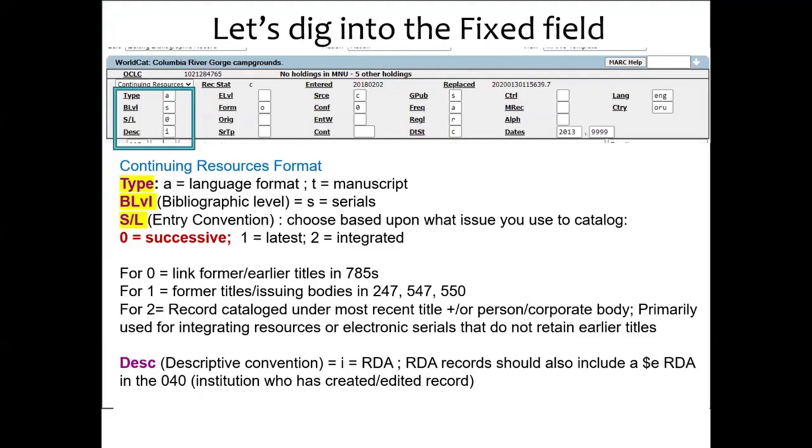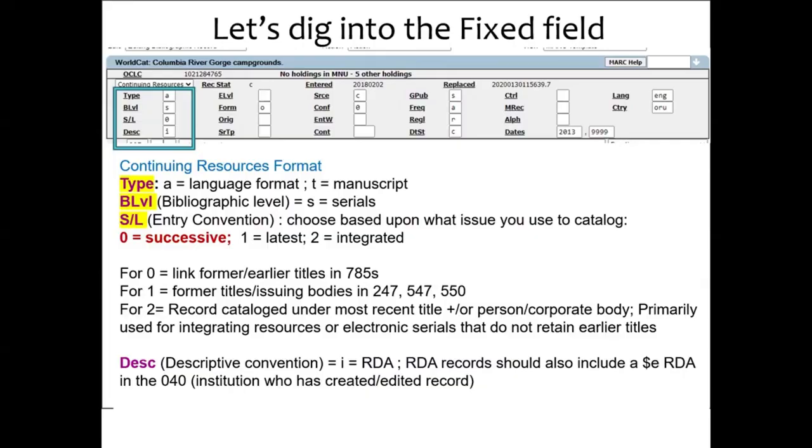So they cataloged based upon what they had. So if you're looking at these, this is one of those things to take a look at. If there is a 0, then you should also see some 785s in a record. You won't always, but you should. If there's a 1, then 0, you're going to have links to former or earlier titles. For 0.